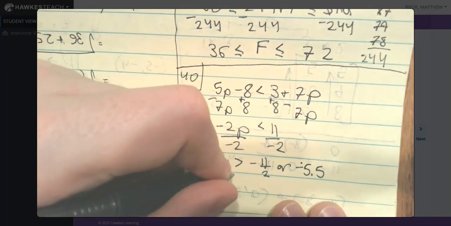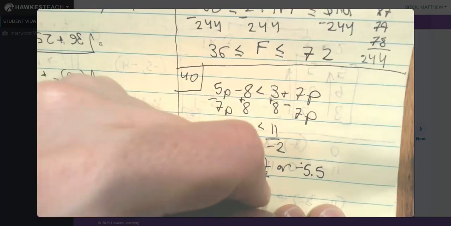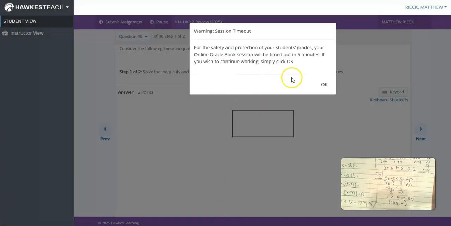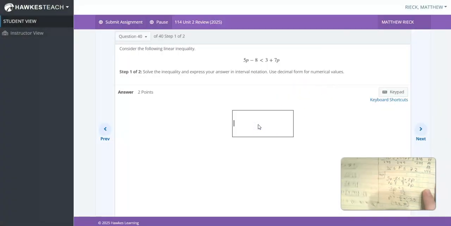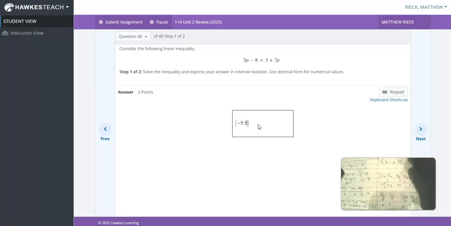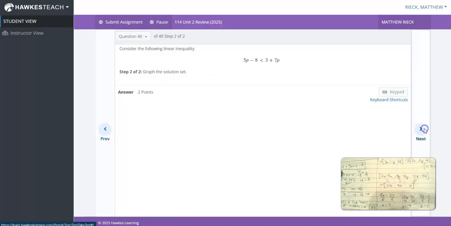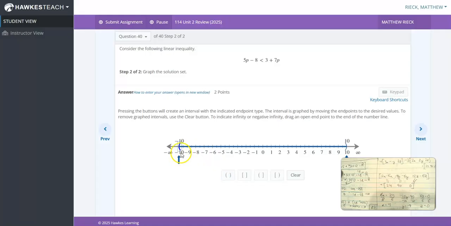Alright, so here the lowest p can be is negative 5.5, and this just has to be greater than that, so the highest it can be is up to infinity. Negative 5.5 up to infinity.